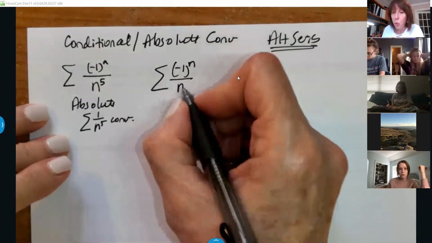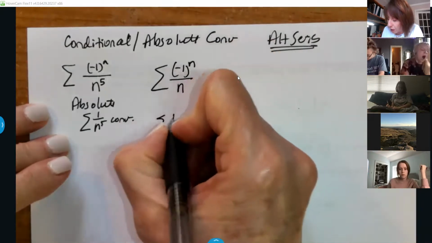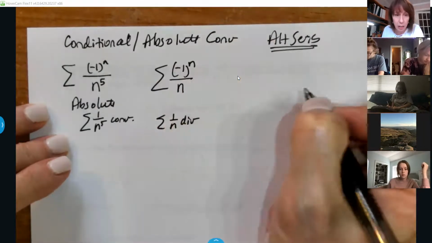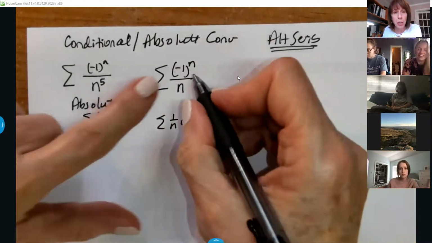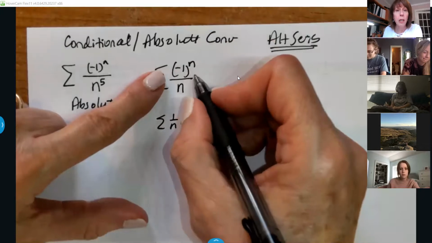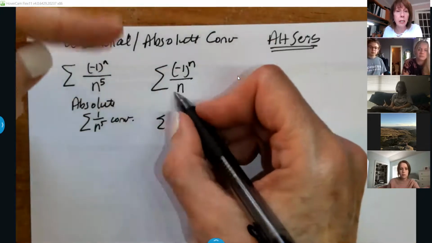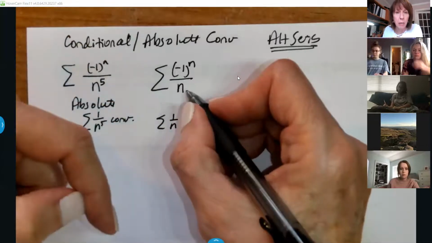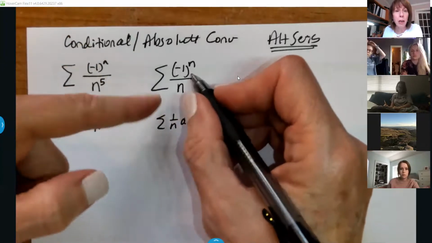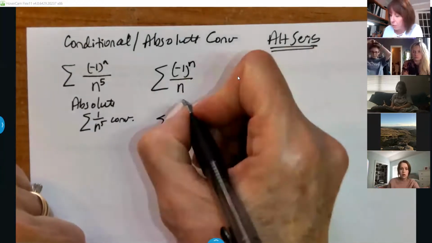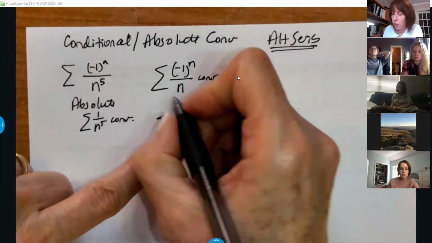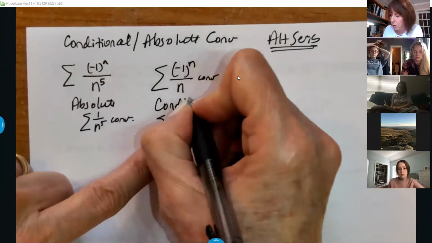So without the -1, this is a diverging p series. But with the -1, it's alternating in sign, decreasing in magnitude because of the n down here, limit is 0. So this converges, but the non-alternating diverges, so we call that conditional.